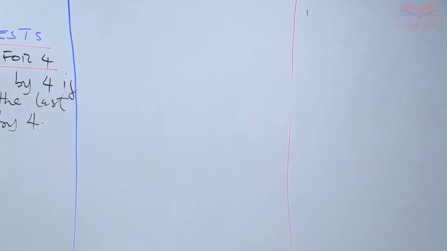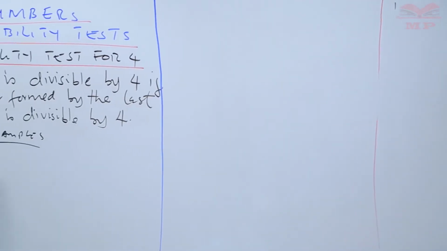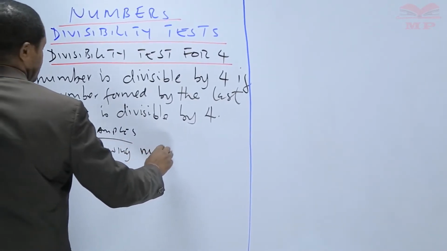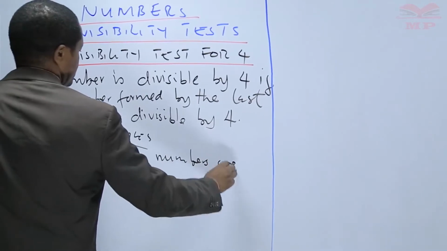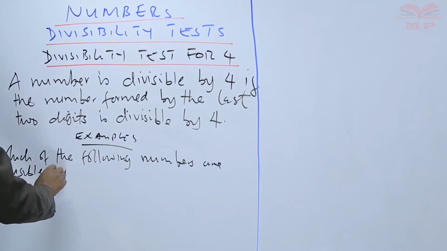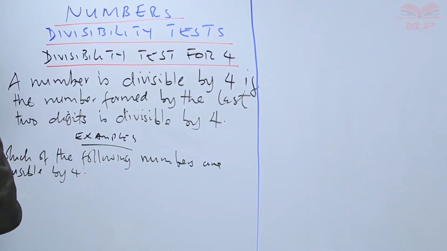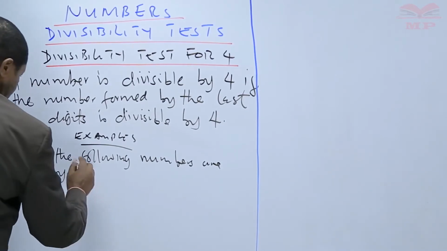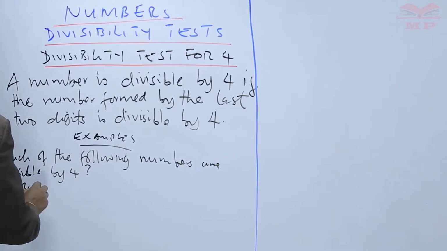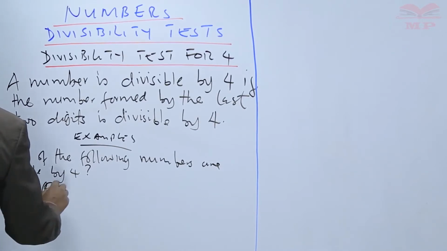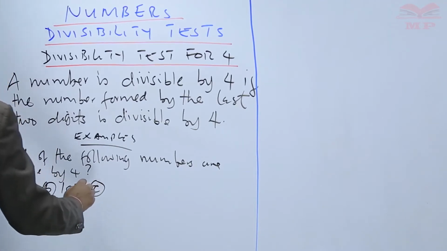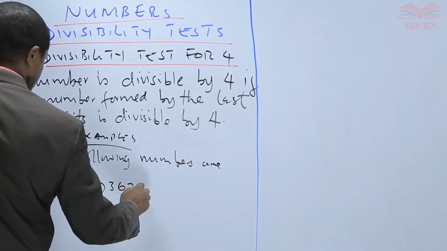Which of the following numbers are divisible by 4? A, 84. B, 104. C, 362.